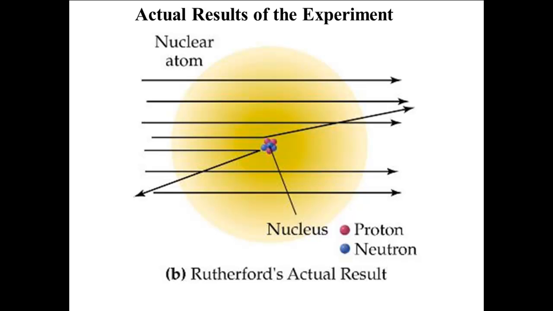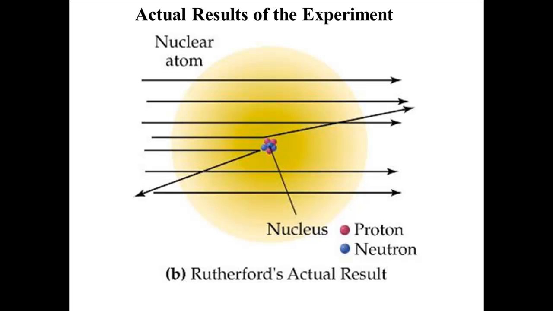In order for the alpha particles to be deflected through large angles, there had to be a lot of force applied, and that meant that there needed to be a concentration of positive charge in the atom. In order for the alpha particle to be reflected, there needed to be something much more massive than the alpha particle that it hit.